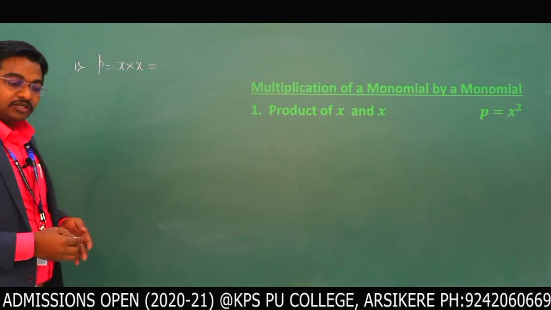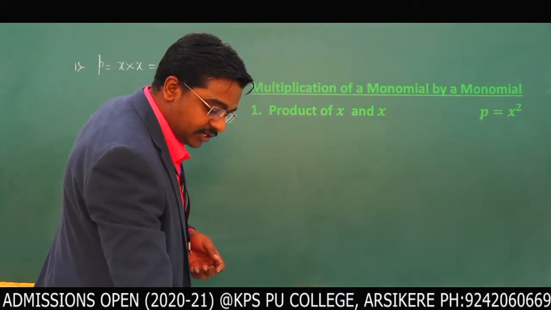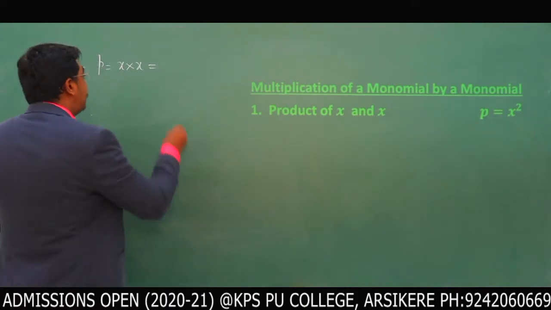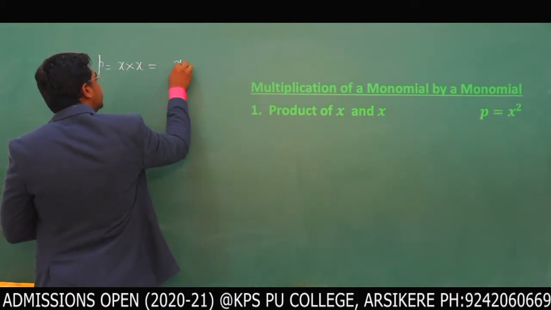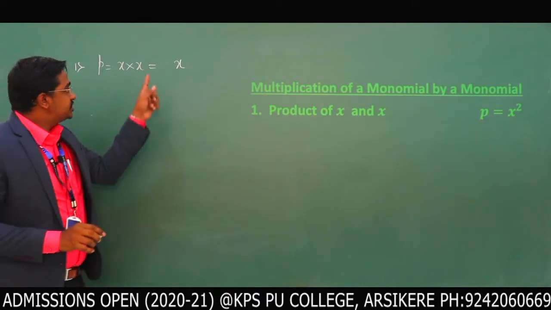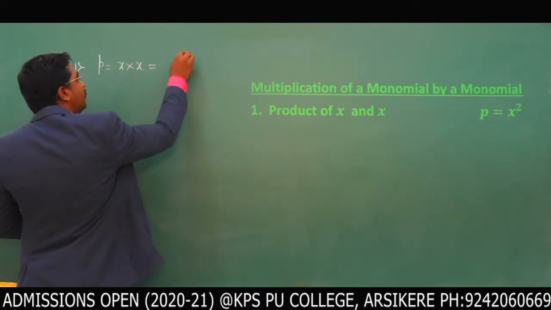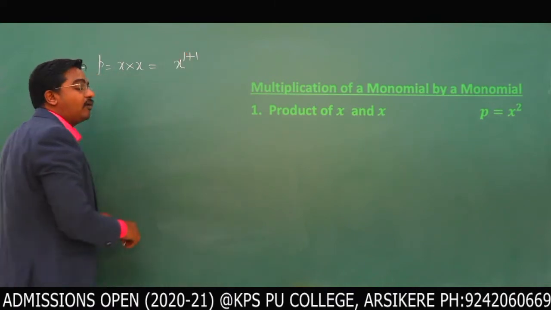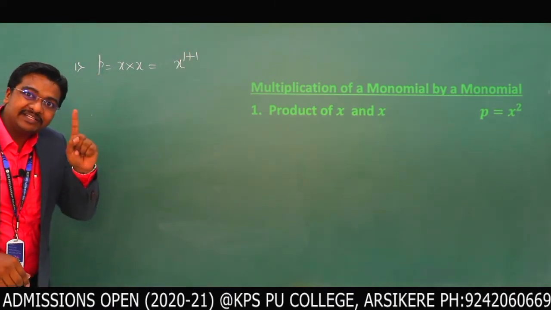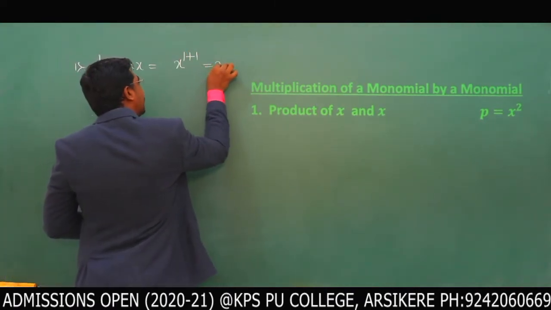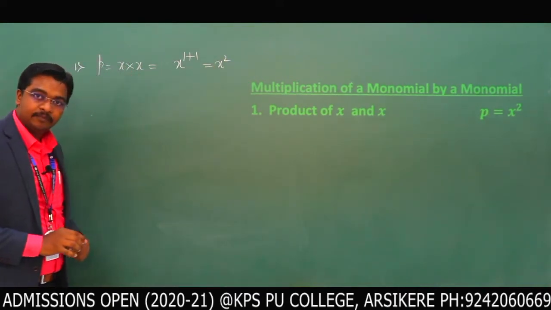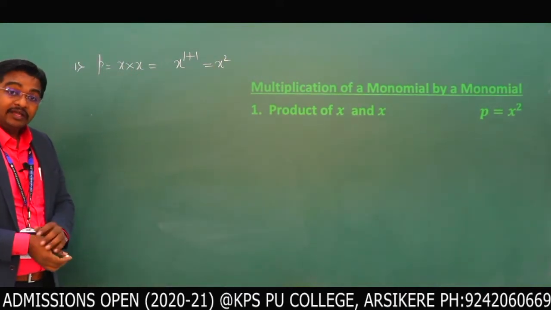Both have positive signs, so the resultant term becomes plus, and there's no need of writing the plus sign. The power of x is 1 and the power of x is also 1. When the bases are the same, powers can be added. So 1 plus 1 becomes 2, that becomes x square. So the product is x square.